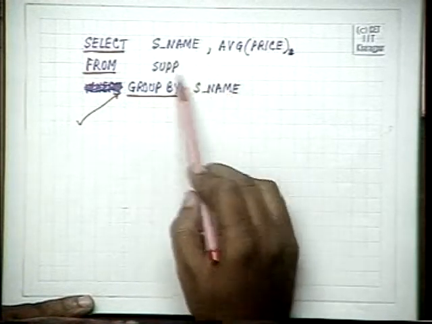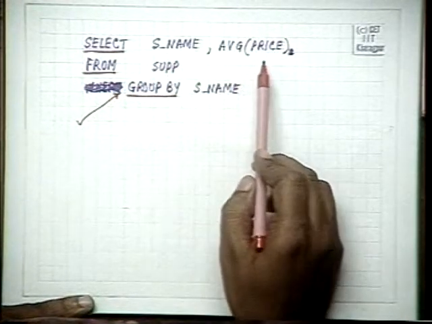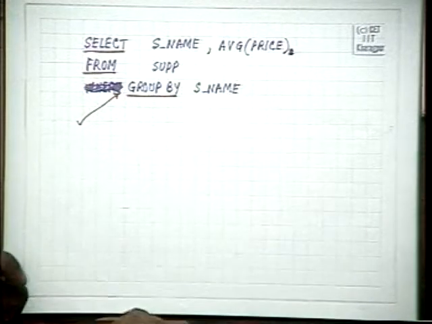So this way we will get all the supplier names and the average prices of the books which they supplied. If we want the total, the maximum as well as the minimum, then we will write something like this.